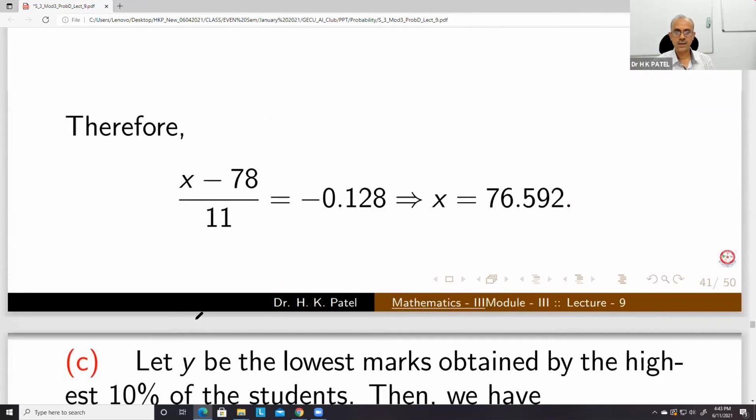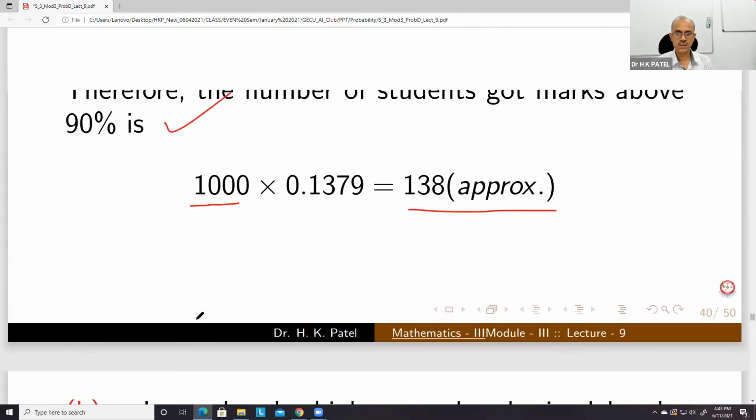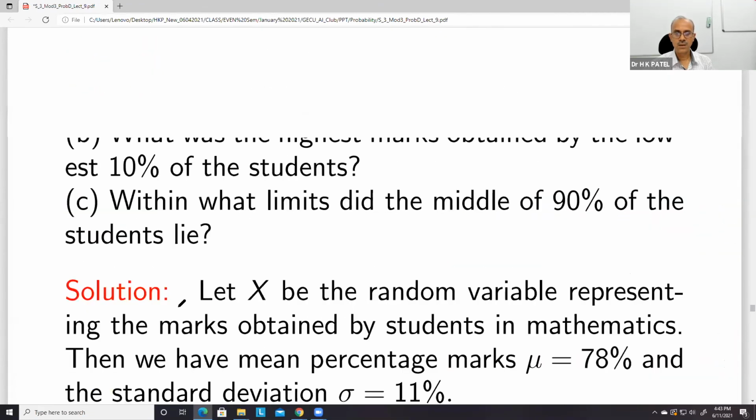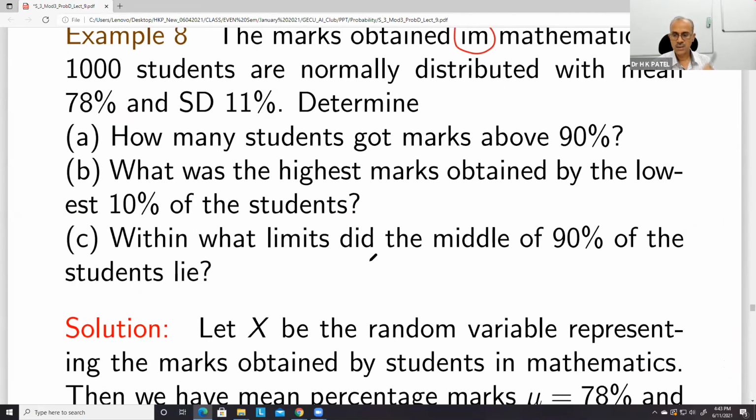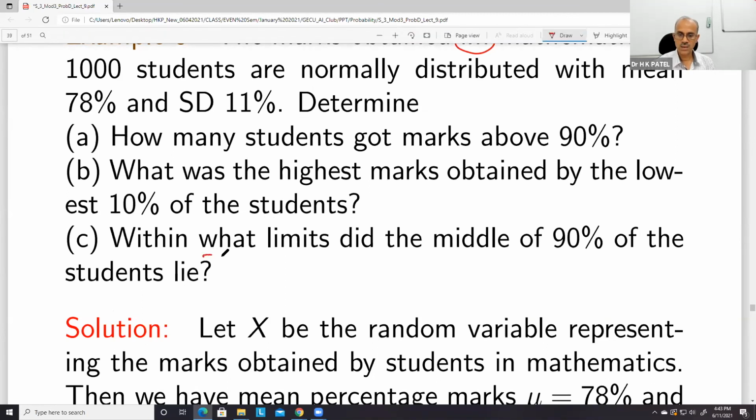And what is the third condition? Within what limits did the middle 90% of the students lie? Limits means the lowest marks and the maximum marks.